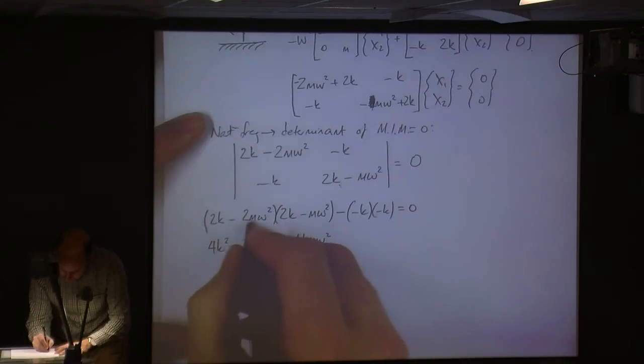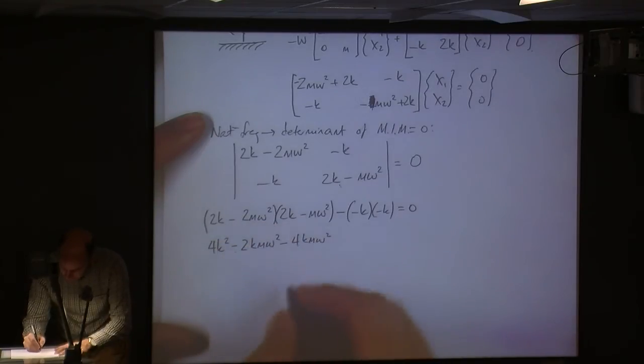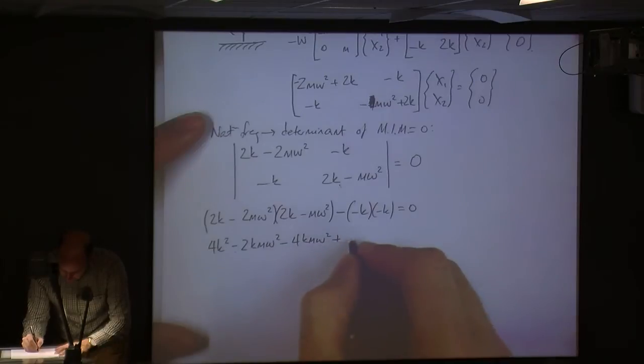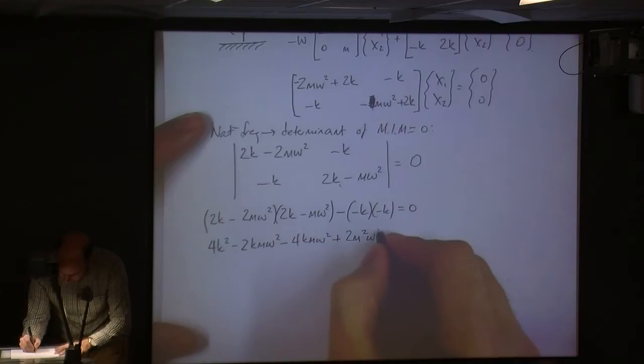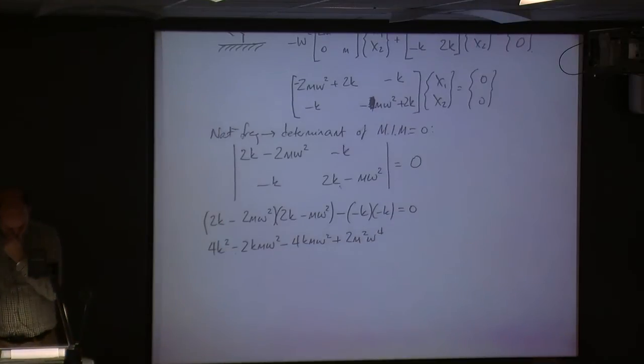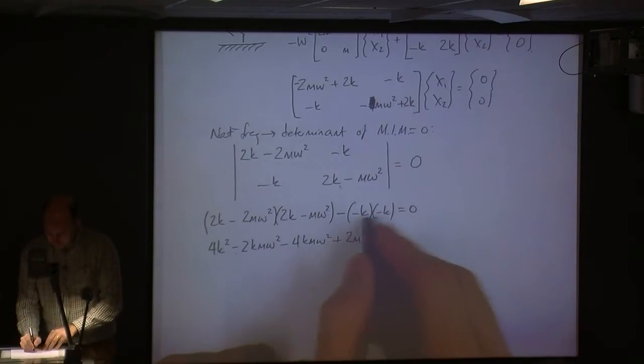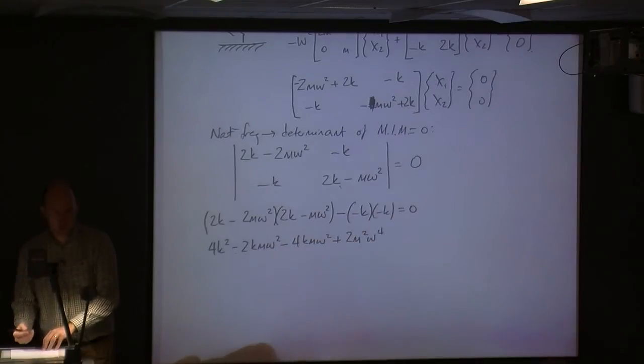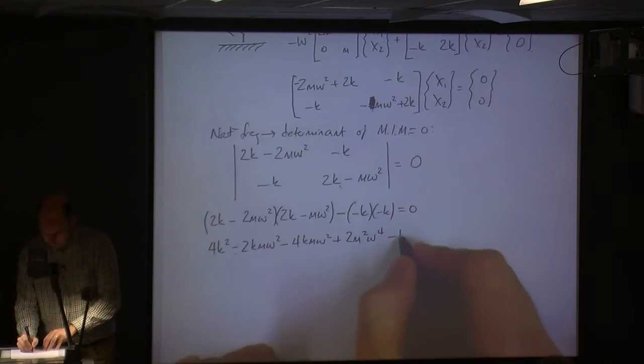And then minus 2m omega squared times by minus m omega squared, so that's plus 2m squared omega to the power of 4. And then we've got minus k times minus k, which is k squared. Obviously that's going to be a minus k squared there, equals 0.